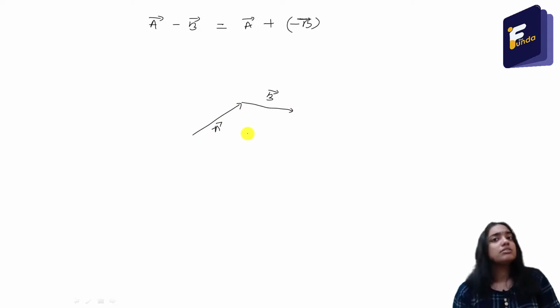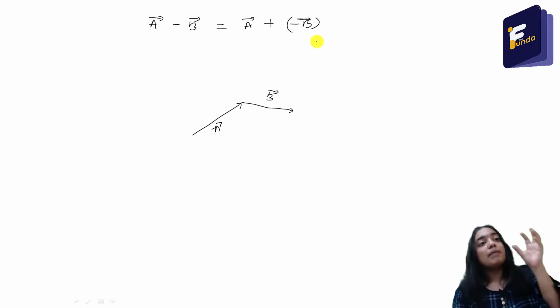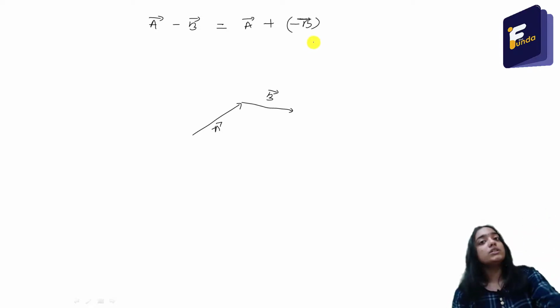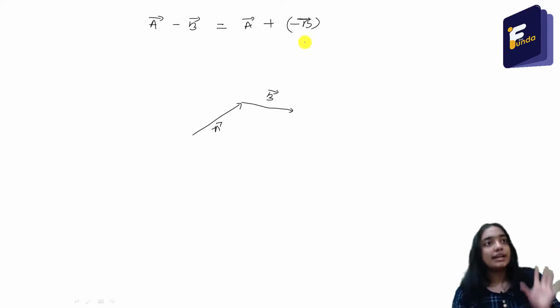So what is minus of b vector? Minus of b vector means a vector which has the same magnitude as b vector, and the direction is exactly opposite to the direction of b. That is the meaning of minus of b vector.